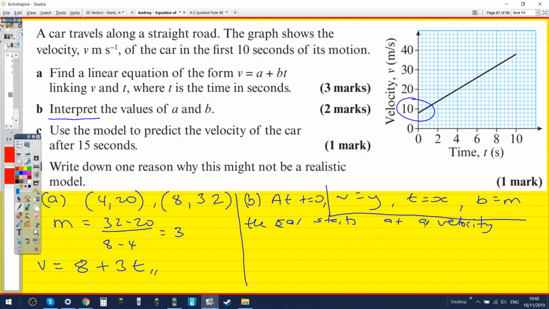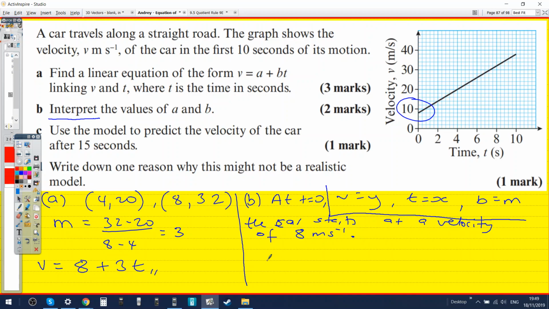And how about b? Is that just going to be... considering that b is supposed to be the gradient, isn't it?